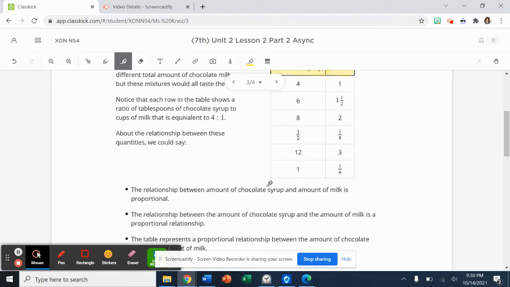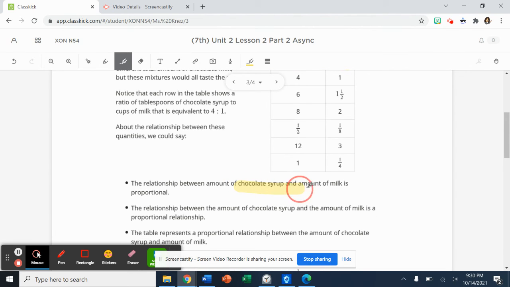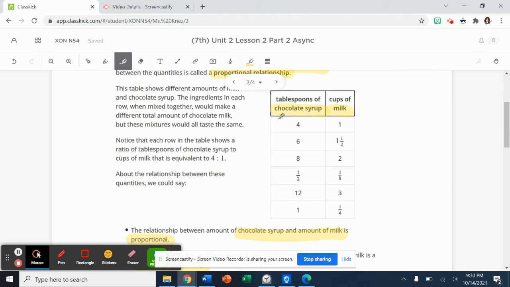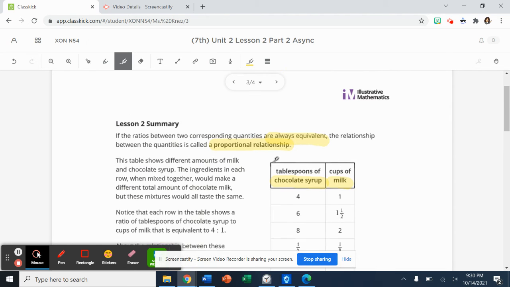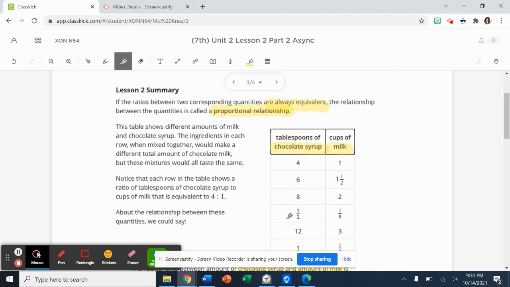We could say that the relationship between chocolate syrup and the amount of milk is proportional. The relationship is a proportional relationship, and the table here represents a proportional relationship. This summarizes what we learned on Thursday and Friday this week.